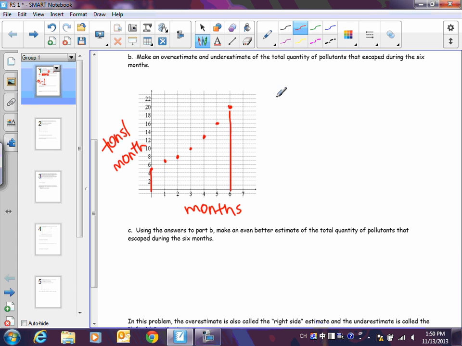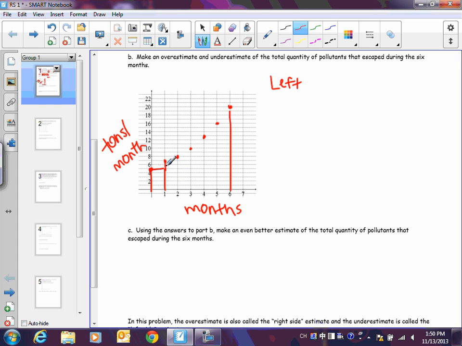Okay, so if I make a rectangle, I want you to write the word left up here. If I make a left rectangle, meaning that at each of these blocks I have a rectangle, the way I determine the height of that rectangle is from the left point. In other words, from 1 to 2, I could consider either of these points.